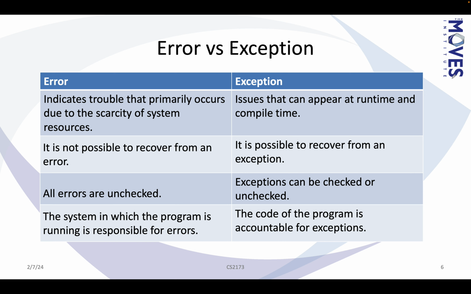So you can recover from an exception when you catch it and continue. In almost all other cases, it's like, hey, this thing happened, there's garbage on the input, we can't handle it.